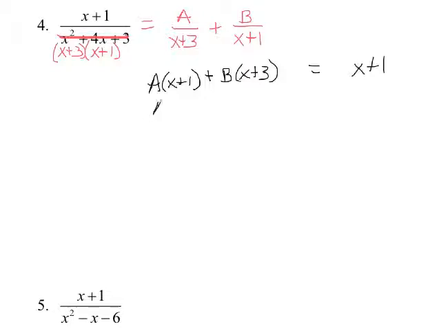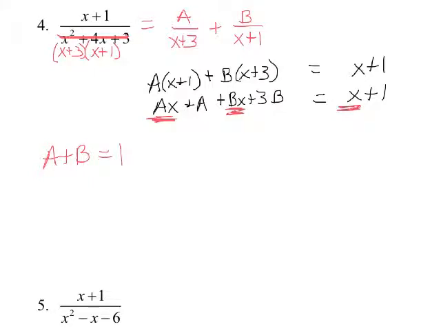If we distribute our A, we get Ax + A + Bx + 3B is equal to x + 1, which means A + B has to be equal to 1, and A + 3B has to be equal to 1.